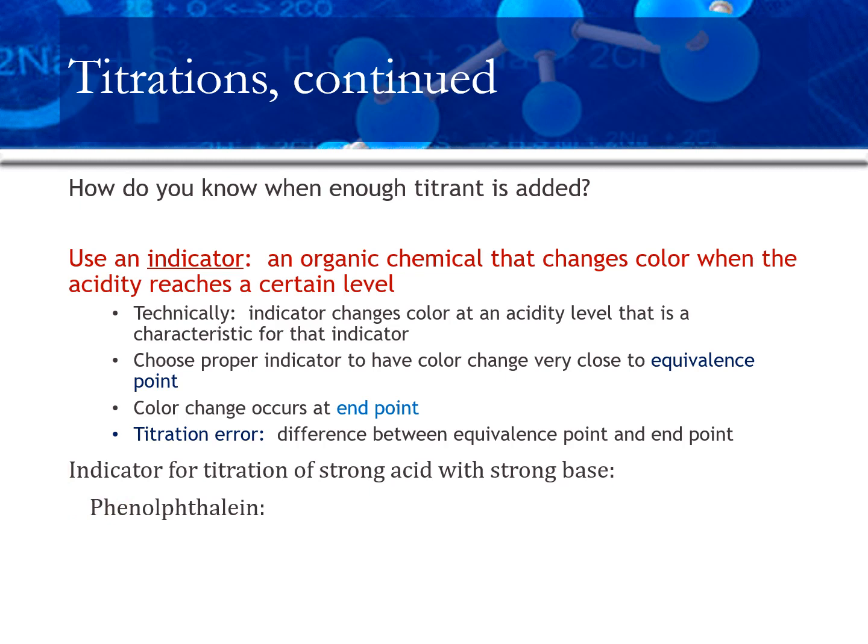It leads to very little titration error. Phenolphthalein is clear and colorless in an acidic solution, and when the solution just turns basic, it turns magenta. That's how you tell when you've added enough base to the solution.